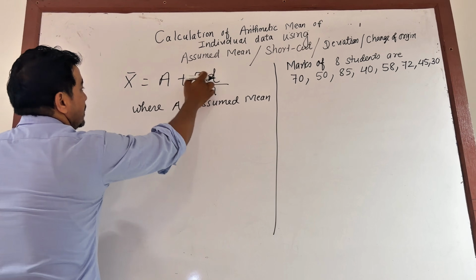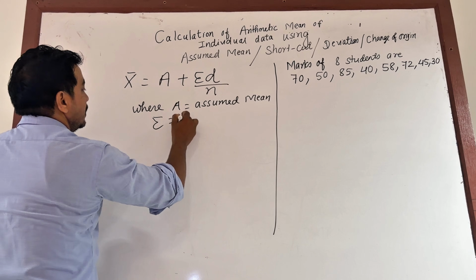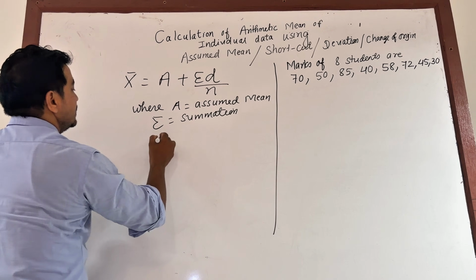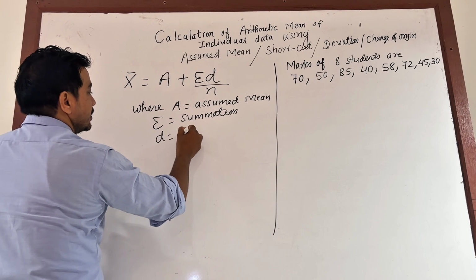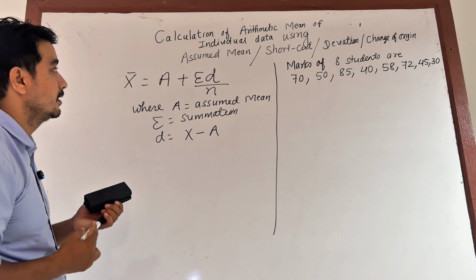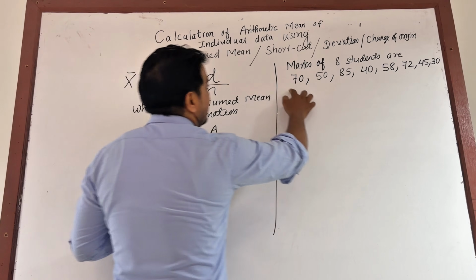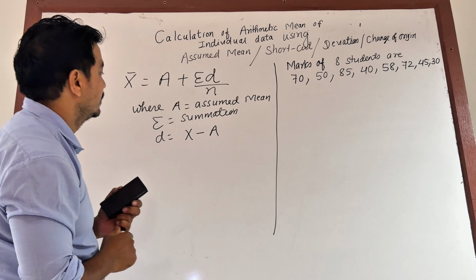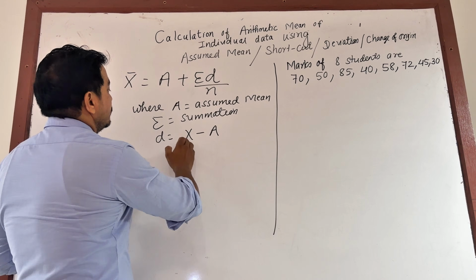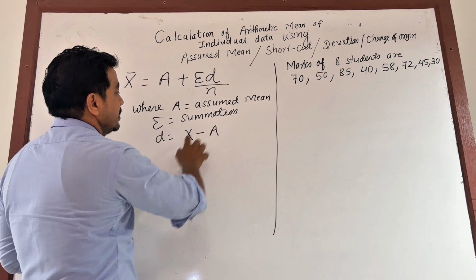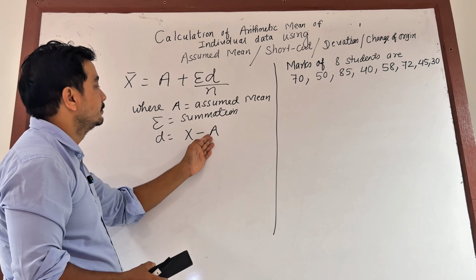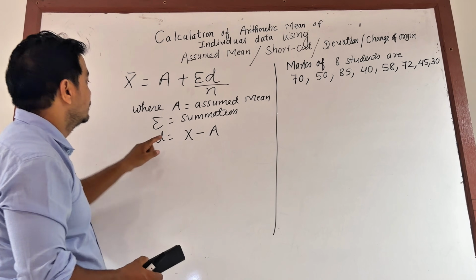Then what is d here? This is the symbol of summation. D means the deviation, x minus a. All these data are represented by x, small x or capital X. We subtract the assumed mean from all the data, and that is d.